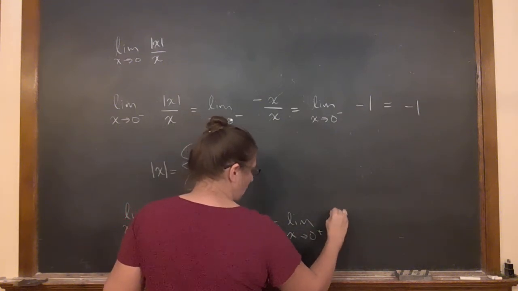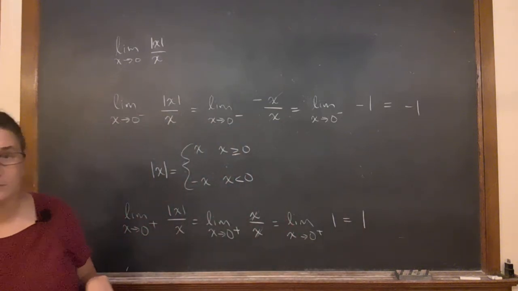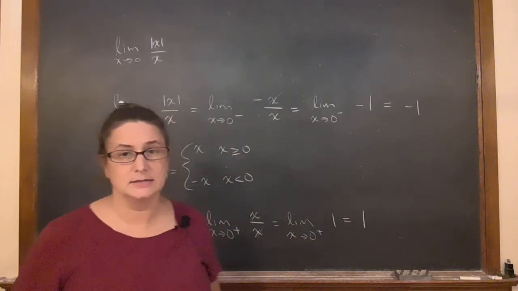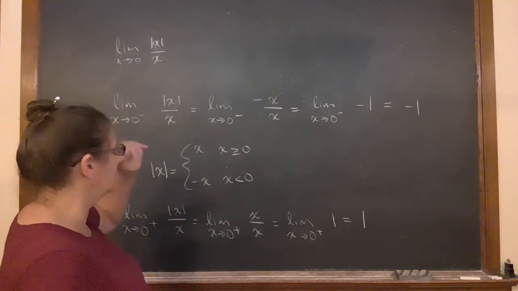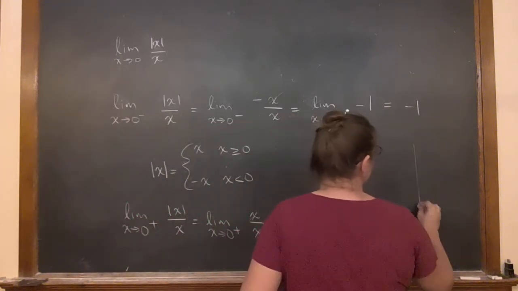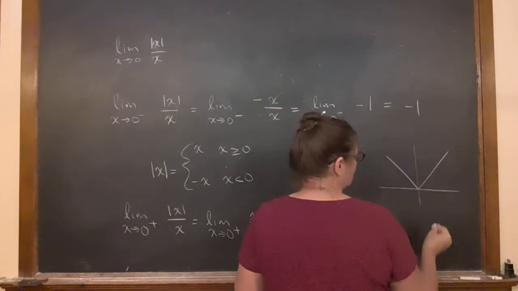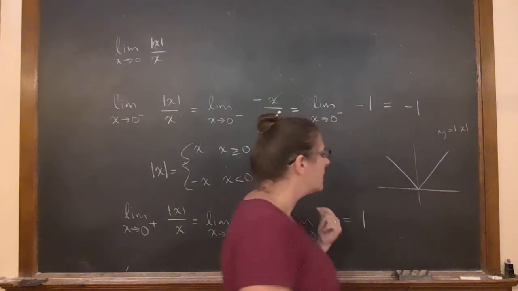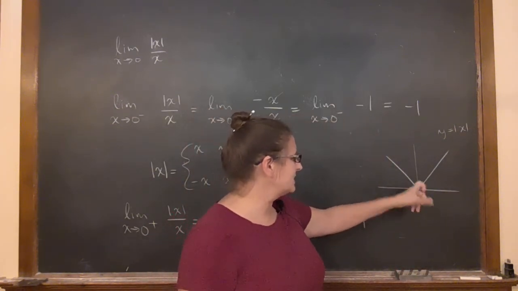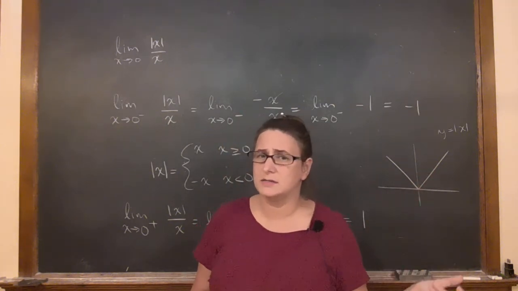So this ends up being 1. Of course, it's going to depend on the form of what you're taking the limit of. If I look at the limit of absolute value of x itself, the function y equals absolute value of x, it is continuous. It has a limit at 0 from both sides, which you can show very easily.